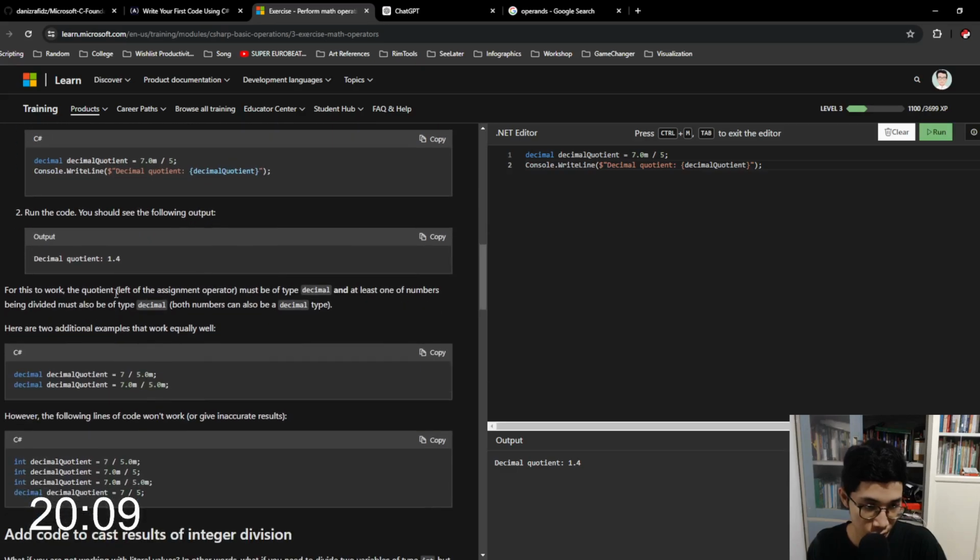Yes sir. For this to work, the quotient left of the assignment operator must be of type decimal, and at least one of the numbers being divided must also be type decimal.